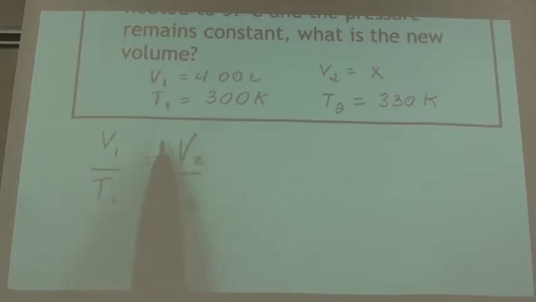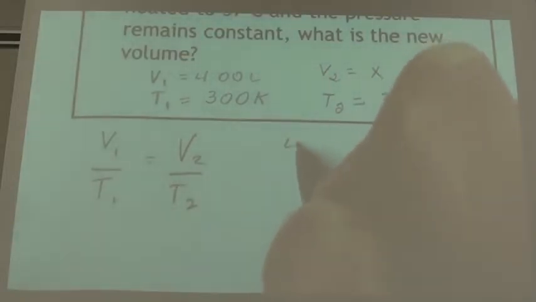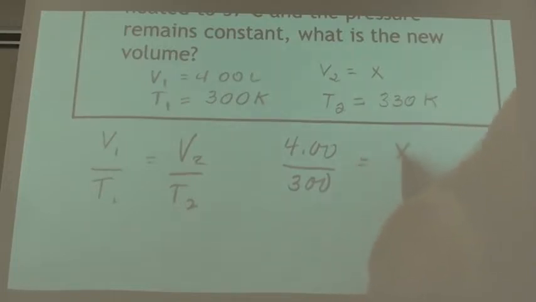Variables, we see that this is the formula. Now we're going to substitute in 4 over 300 is equal to x over 330.